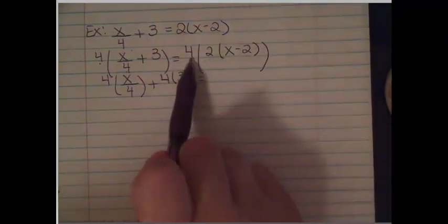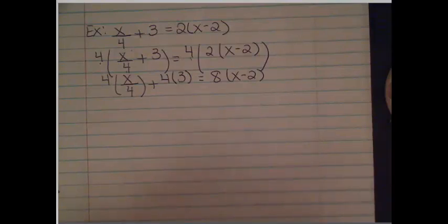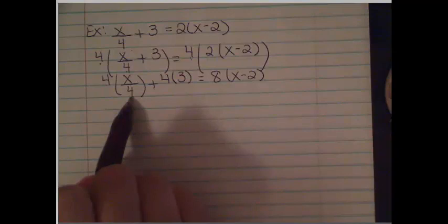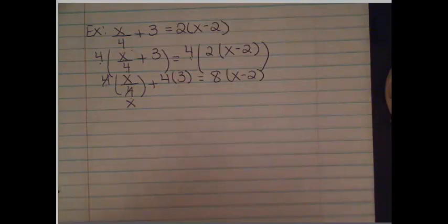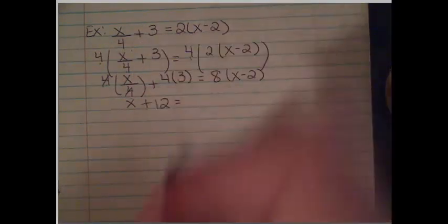On your right side, the 4 times the 2 is going to give you an 8, but then you still have the x minus 2 on the inside of the inner parentheses. Okay, the 4 times the x over 4, those 4's will cancel out. And that's going to leave us just with the x. And then we have 4 times 3, which is 12. And that's going to equal the 8 times the x minus 2.